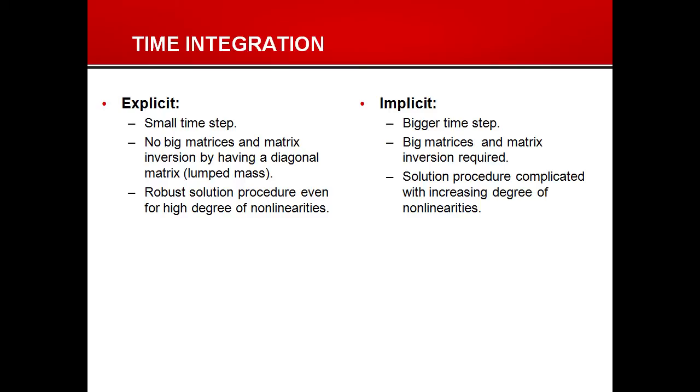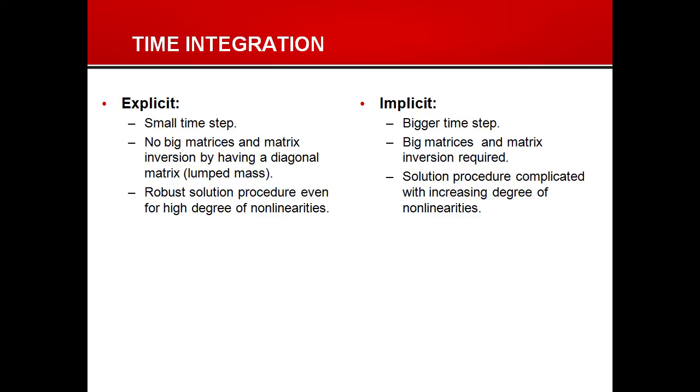Again, a little bit more on the explicit. Its very nature dictates that we're going to have small time steps. The interesting thing about that is it's dictated by the model and not by the analyst. In an implicit code, you can go to bigger time steps, but it's up to the analyst to decide what's an appropriate time step, whereas in an explicit code, it's going to be a function of the model.